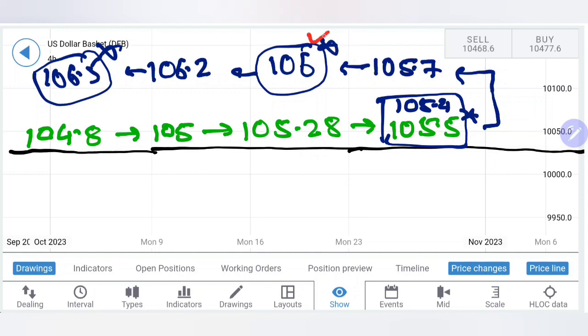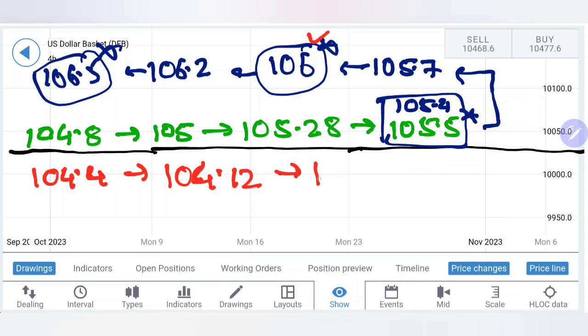Now see, once you know that these highs cannot be breached, the possibility of a fall is very, very strong, one can initiate a selling level at a retracement or a higher level here. At the same time, on the downside, the safer sell entry is below 104.4 levels, below which the nearest support is at 104.12, then 103.98.